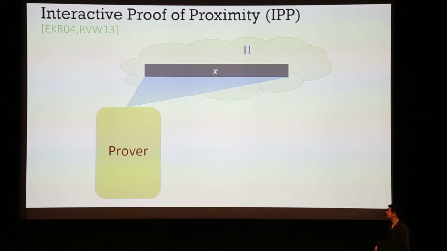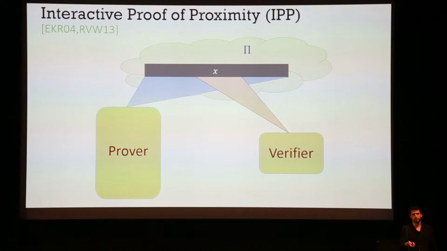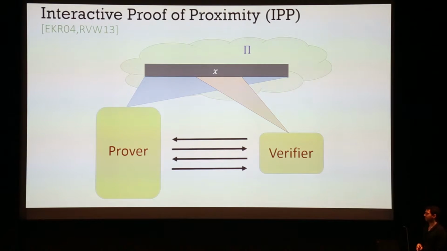It's very strong, but we want the prover to prove to the verifier that x actually has the property pi, while the verifier is much weaker than the prover. Specifically, it has access only to much fewer bits of the input than the prover. Now the prover and the verifier can interact, and the verifier should accept with high probability. This is the completeness requirement for interactive proof of proximity, which I will call IPP.